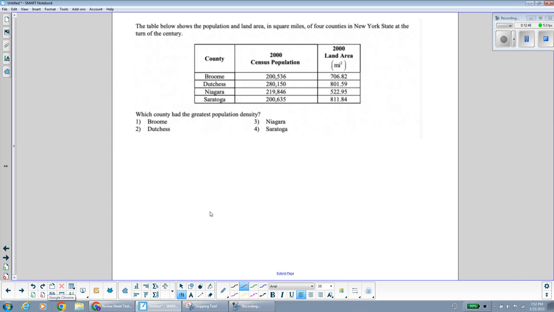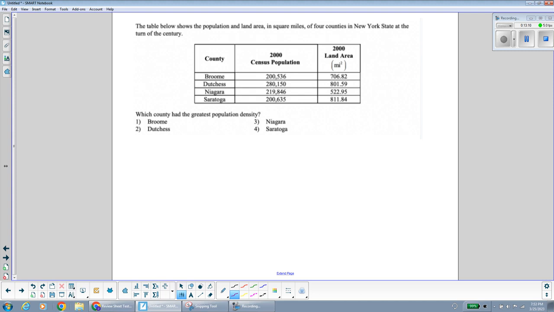Here we have a chart, and this chart is for 4 counties in New York State, and it is asking which county had the greatest population density. Population density is the same thing as regular density, except instead of talking about how much of an object in a certain amount of space, it's talking about how many living things in a certain amount of space.